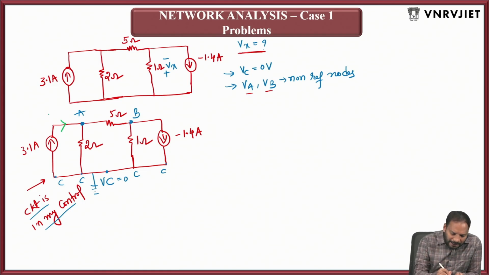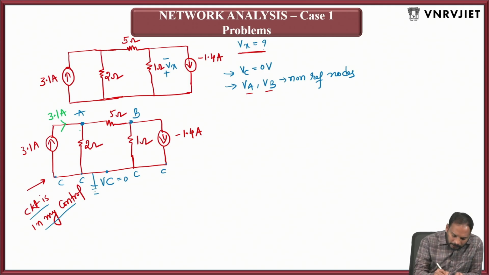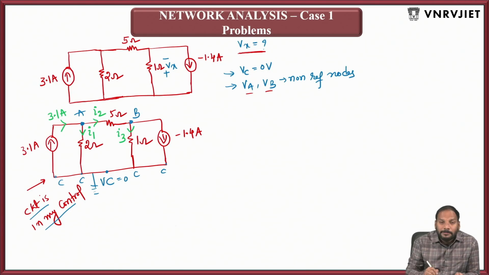So take the advantage of it and take it simply as 3.1 amperes entering node A. Now take the branch current through 2 ohms as I1, this current as I2 and this current as I3.